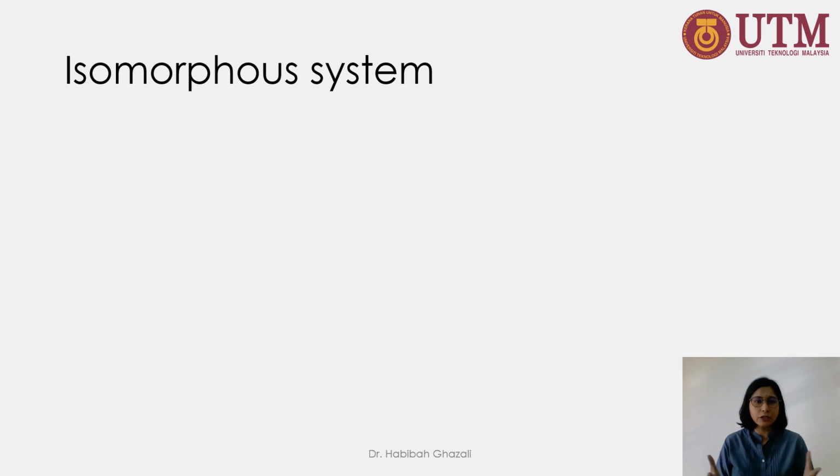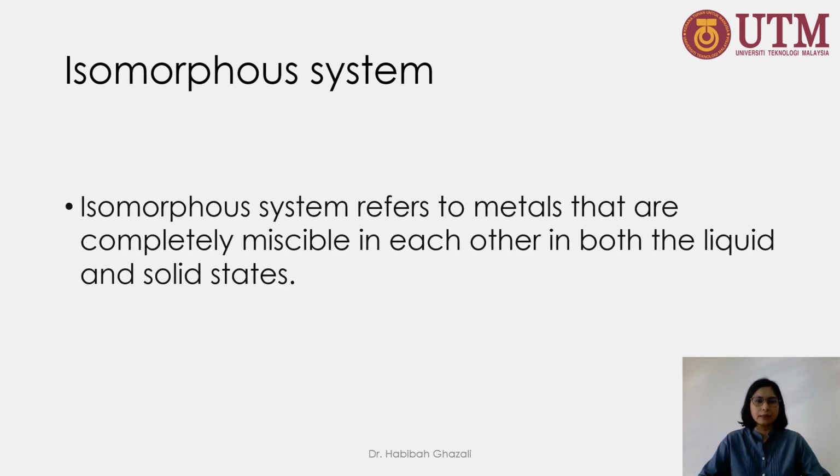So as I have mentioned earlier, the isomorphous system refers to metals that are completely miscible in each other in both the liquid states and also in solid states. So for example, alcohol and water is an isomorphous system.